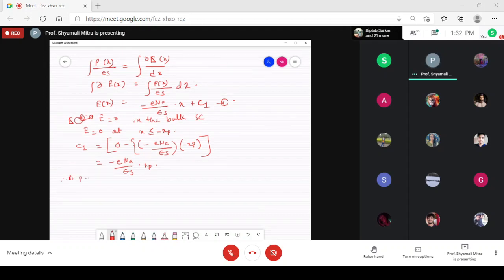Therefore, the electric field at the P region, putting this constant into equation number 4, is equal to minus E Na by epsilon s times x plus xp, and this condition holds for x less than or equal to xp and greater than or equal to 0.